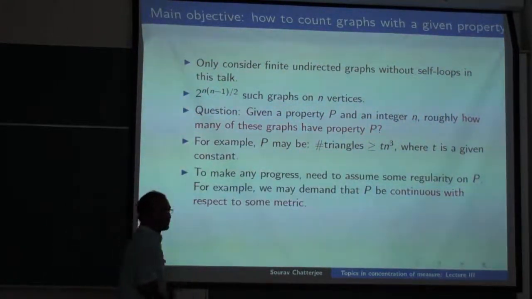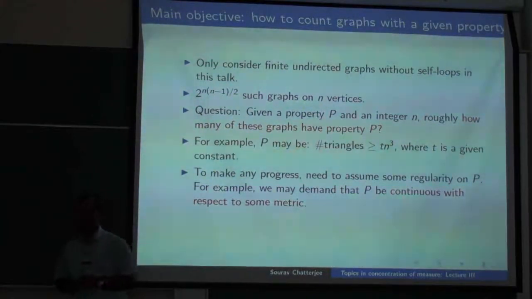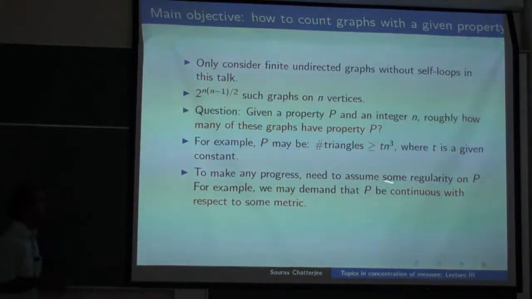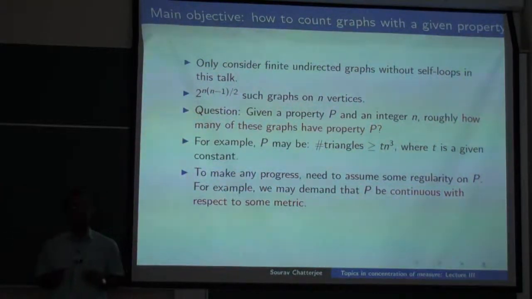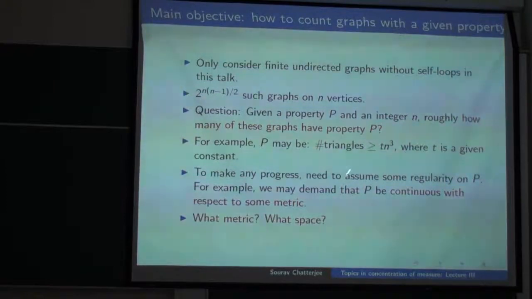To make any progress with this sort of question, one needs to assume some degree of regularity on p. So we may demand that p be continuous with respect to some metric or some such thing. It cannot be a completely arbitrary question. Okay, so the question is what metric and what space we want to consider. So is this objective clear? So we are looking at all simple graphs on n vertices.